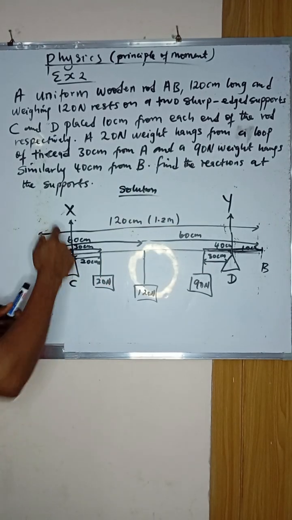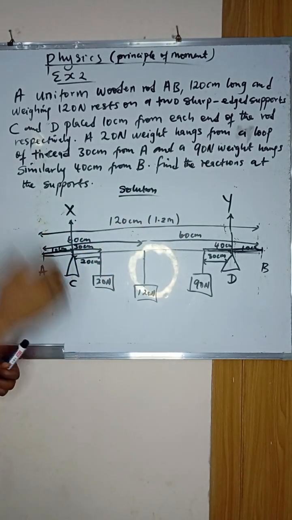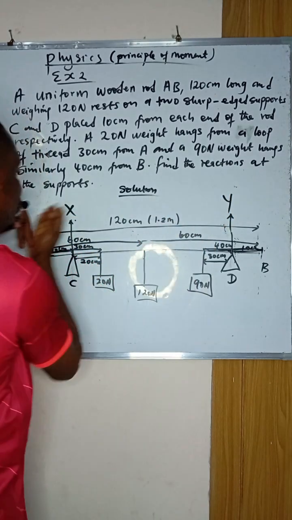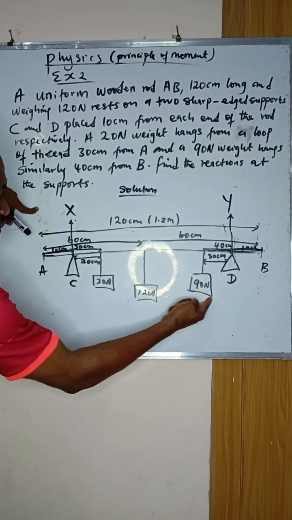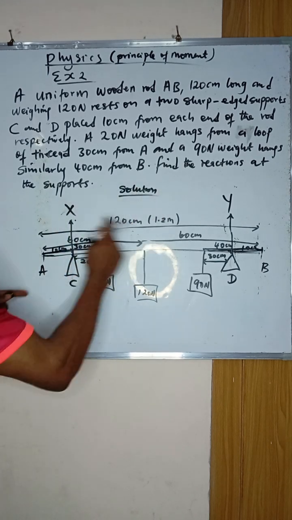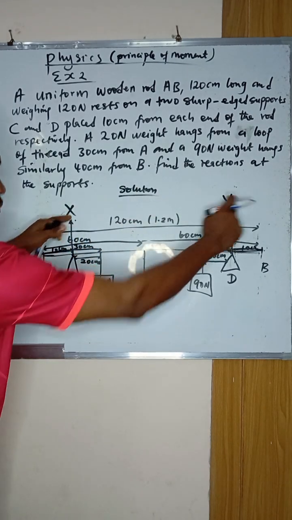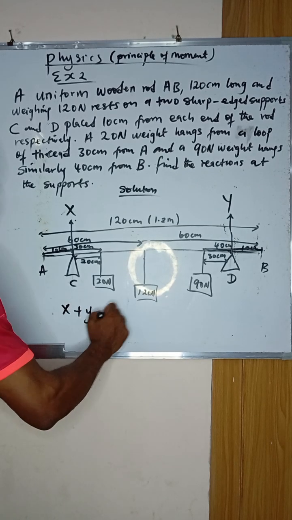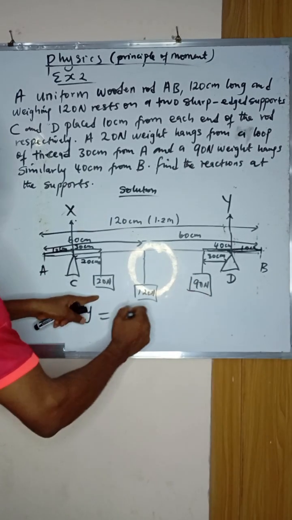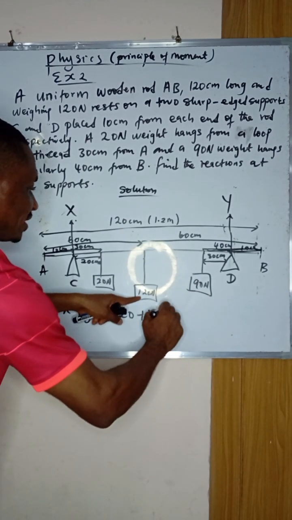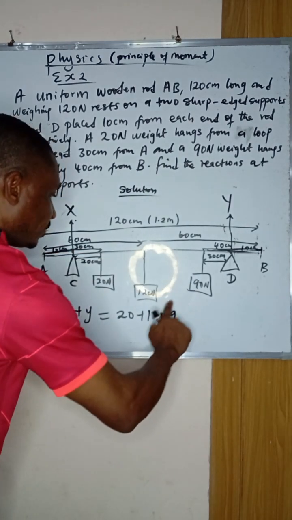To find these forces, we know that for a body to be in equilibrium, the sum of the upward forces must be equal to the sum of the downward forces. So what are the upward forces? X and Y. So X plus Y must be equal to all the forces down: 20 plus 120 plus 90.